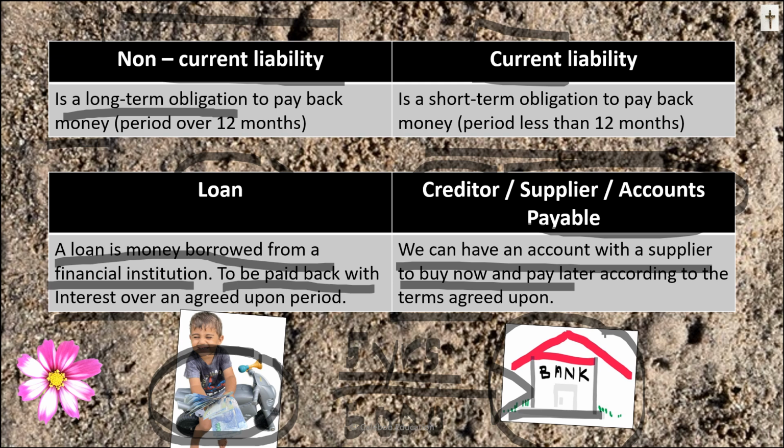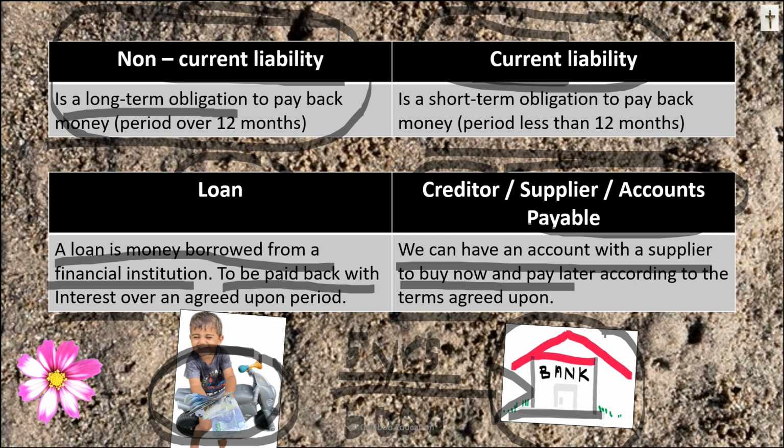So the purpose of this slide was to explain what a non-current liability is and what a current liability is. Remember, I'm going to show you some examples on a chart in a moment, but a non-current liability is a long-term loan, a long-term obligation to pay back money.